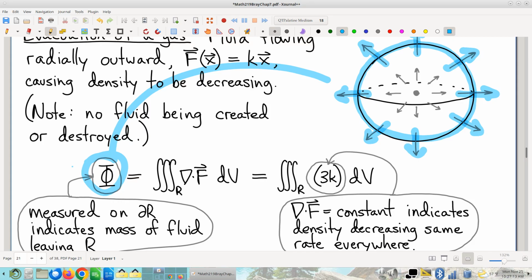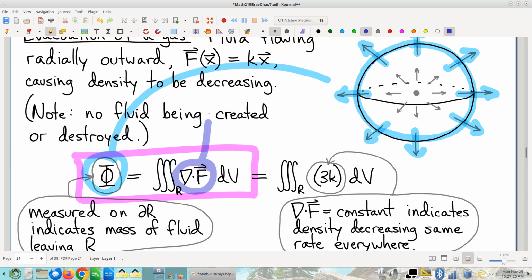So here we go, no big deal. Divergence theorem says flux is an integral of divergence. And by the way, you can totally compute the divergence here. It ends up being 3K. Good little exercise. Make sure you can do this.